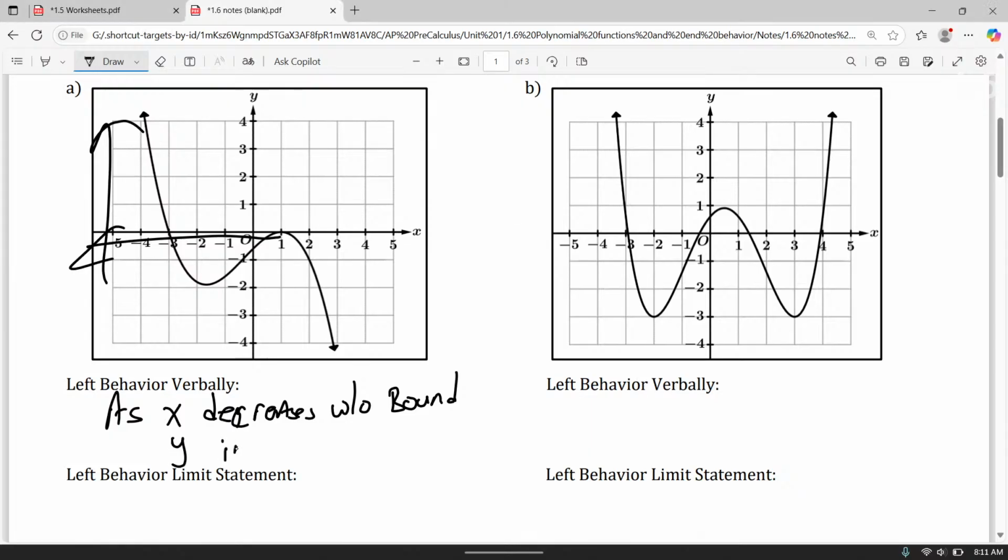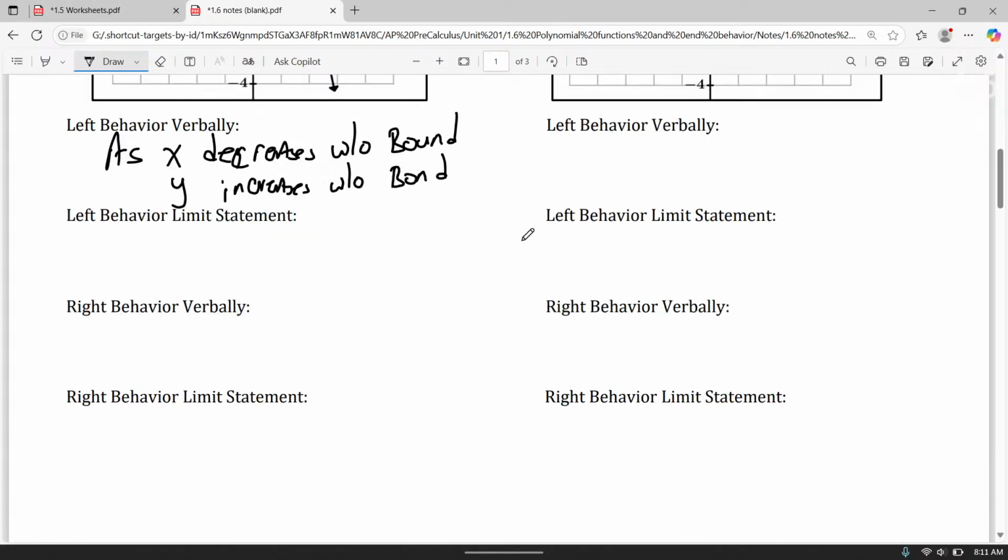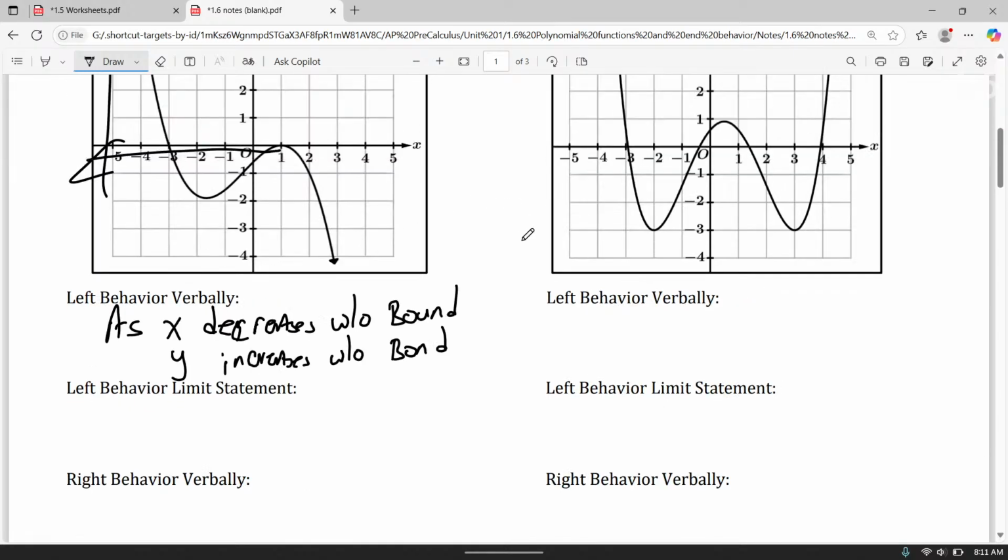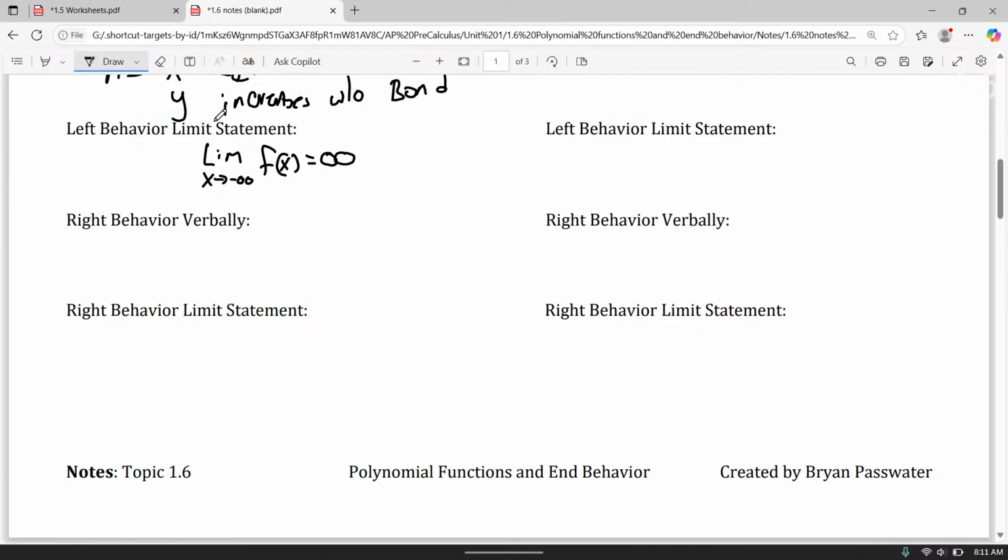Y increases without bound. Can y'all see that? And then the limit statement: LIM, x goes to negative infinity, we'll call it f of x goes to positive infinity. Might be too low too. So I just did that right there.